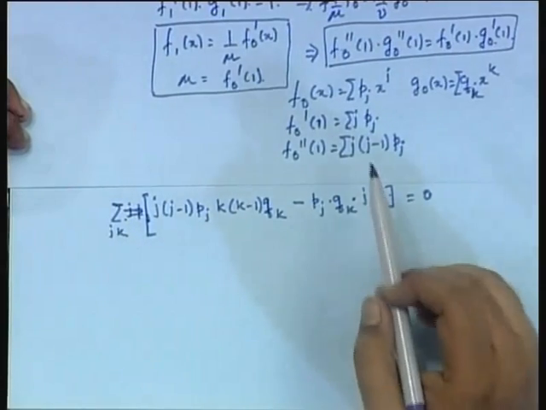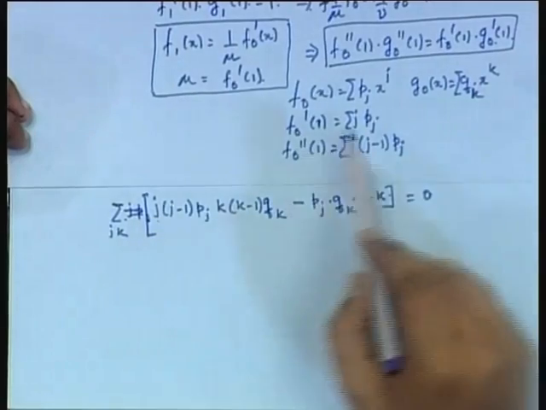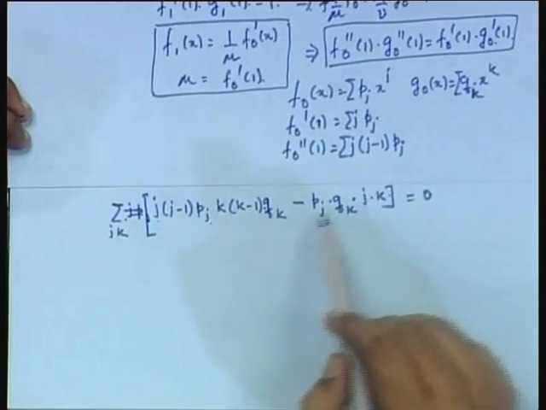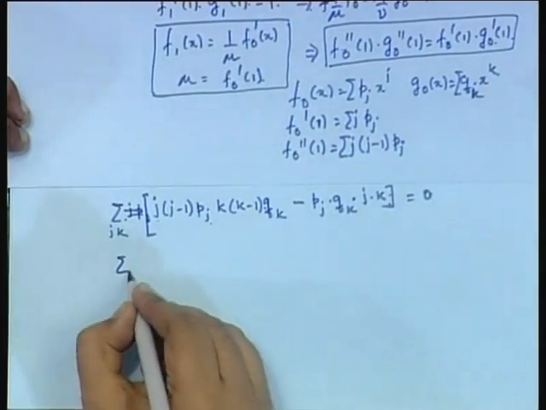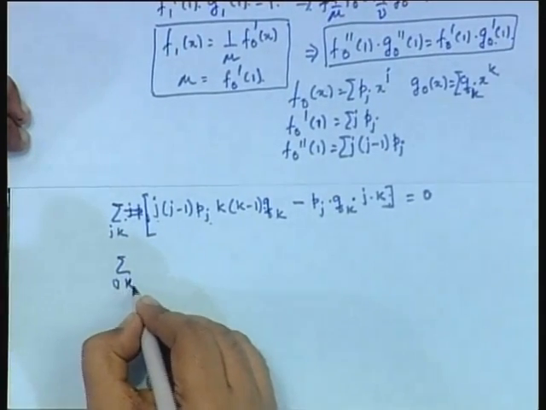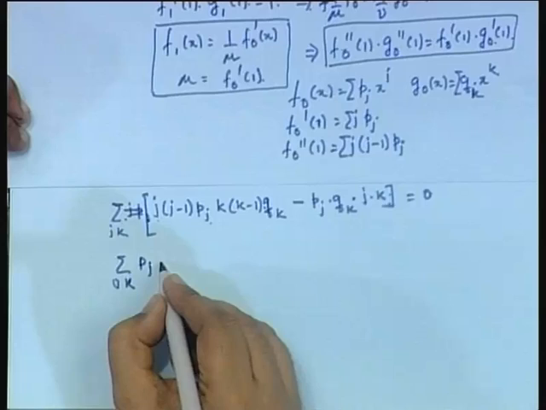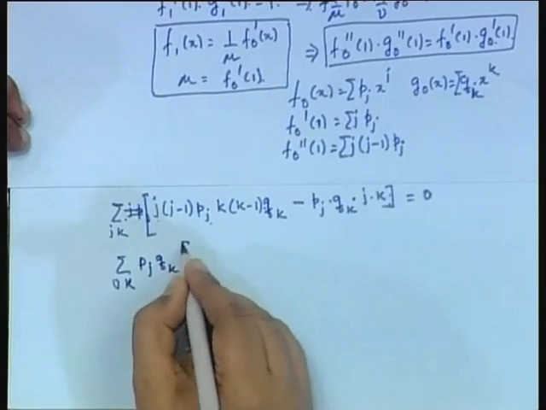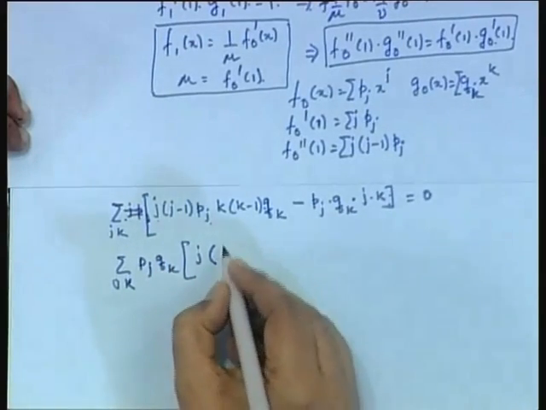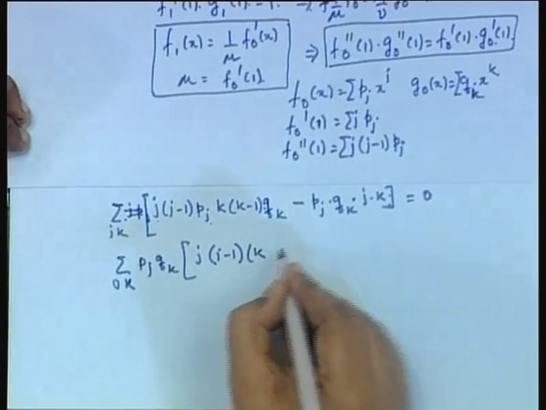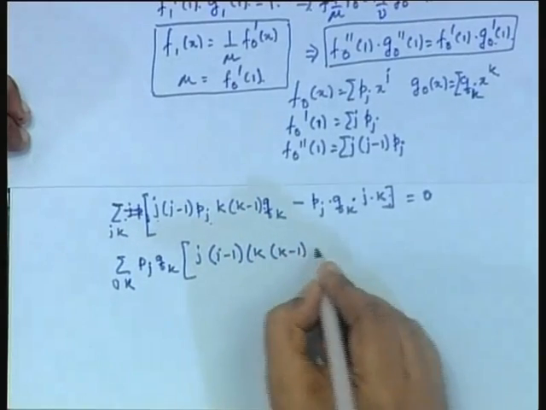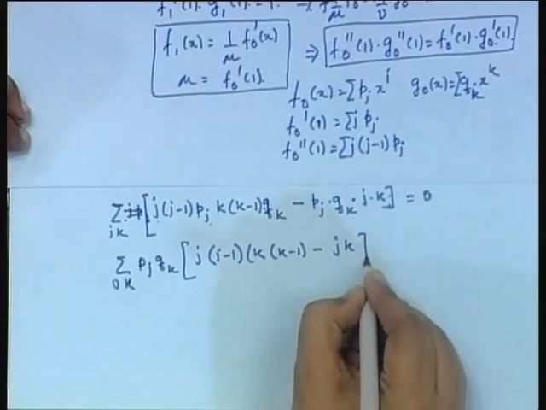I think this is simple, because this is j minus 1, k minus 1, and here just jk. So, this becomes Pj Qk times j minus 1 into k minus 1 minus jk.